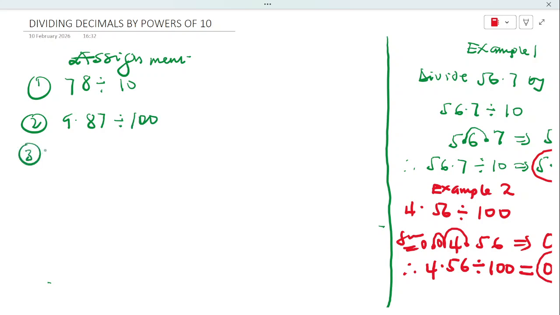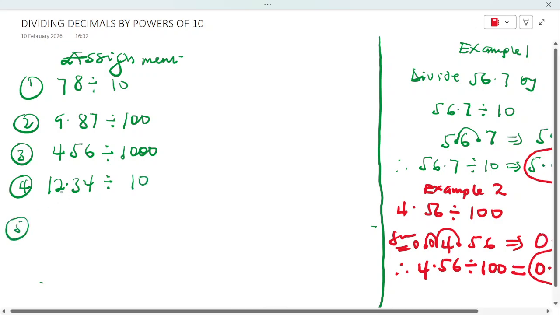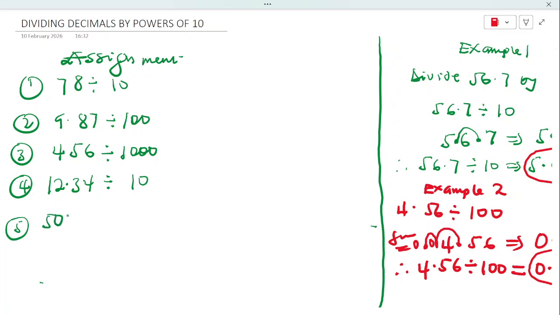And then number 3, we have 456 divided by 1000. Then number 4, we have 12.34 divided by 10. And then number 5, we have 500 divided by 1000.